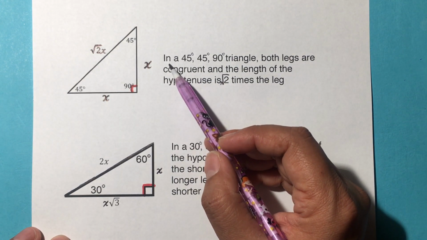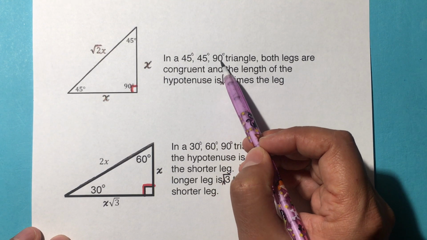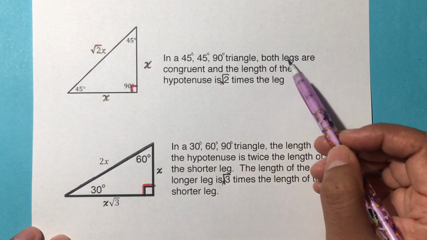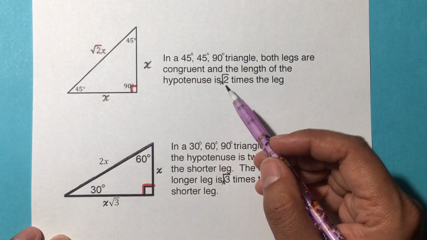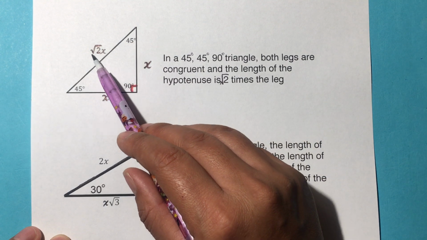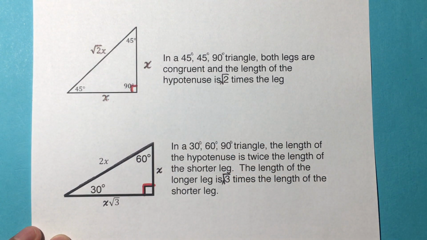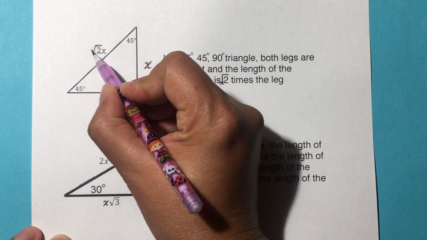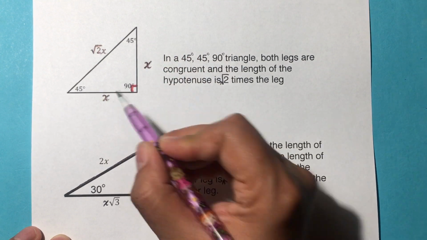So in previous lessons, it says that in a 45, 45, 90 degree triangle, both legs are congruent and the length of the hypotenuse is always the square root of 2 times that leg. Meaning that we have the square root of 2 multiplied by x in this case.